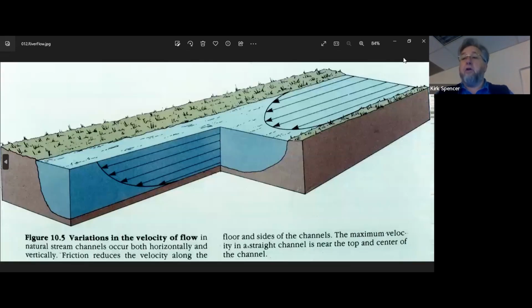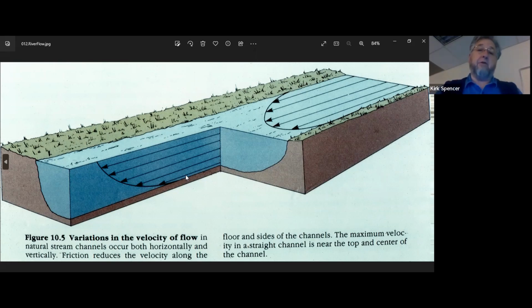I want to also talk to you a little bit about the velocity and the typical stream flow. This is a diagram showing a cross-section of the channel, and the arrows you see there represent vectors. That means that the longer the arrow, the higher the velocity. The shorter the arrow, the lower the velocity.